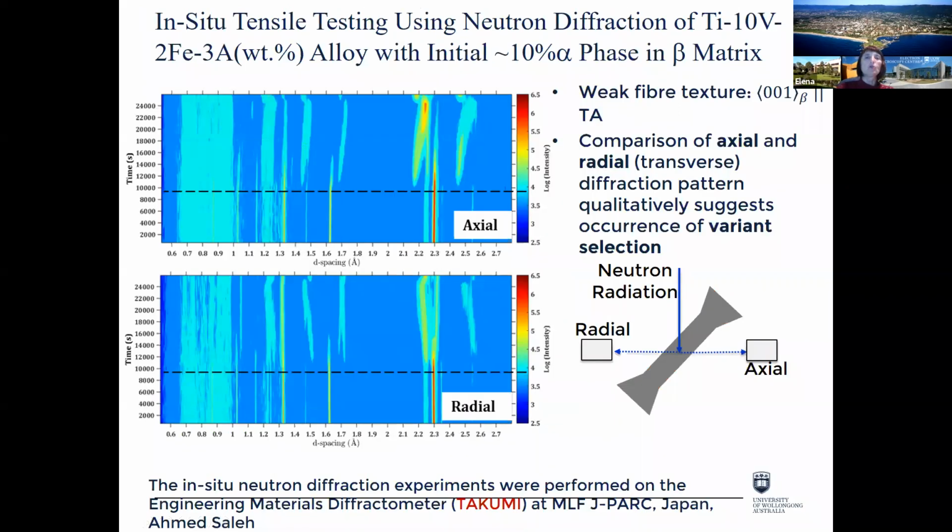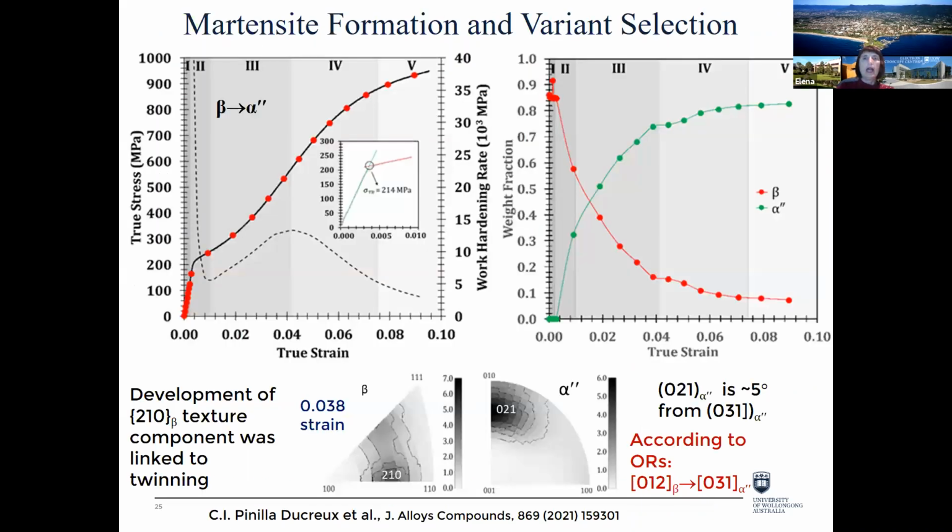And if we look in 2 directions, axial and radial, on our patterns, we could see that there is a difference in intensity in alpha double prime peaks, which also indicates some variant selection.